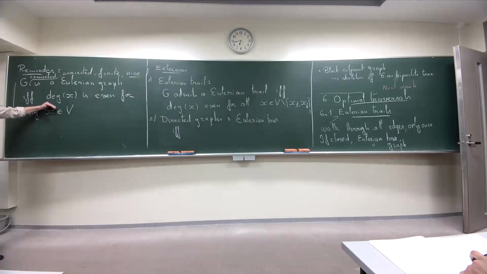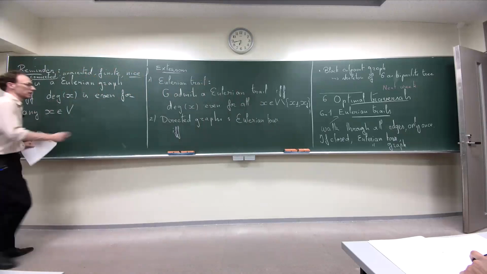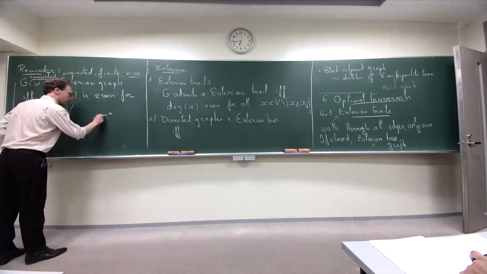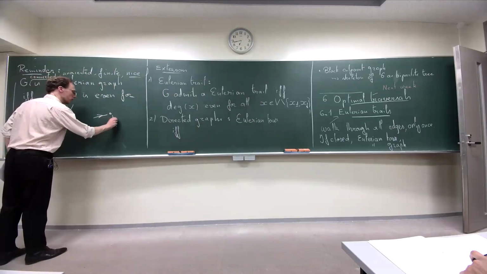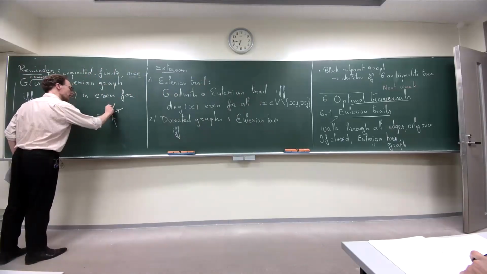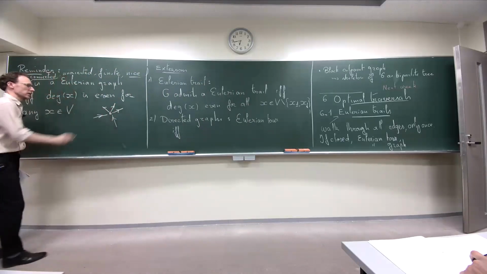When we have an orientation, we have one more definition: the degree in and the degree out. So you have edges arriving at one point and edges leaving at this point.